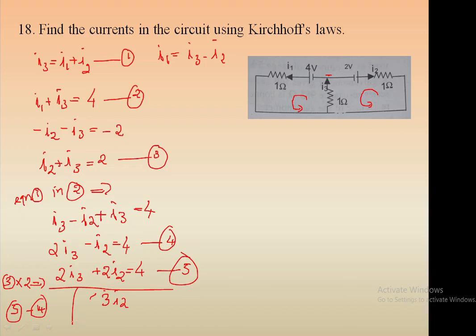We have 3I2 equal to 0. That means I2 equal to 0.